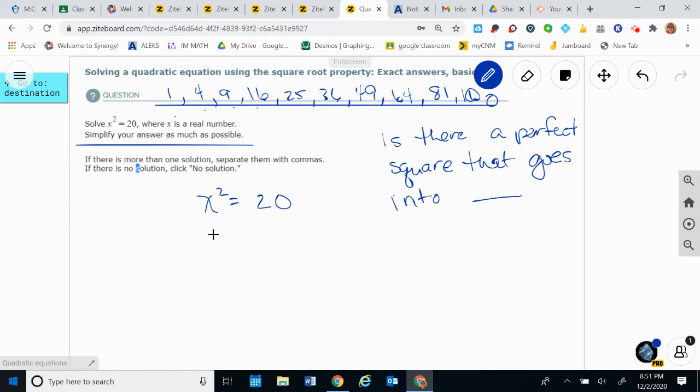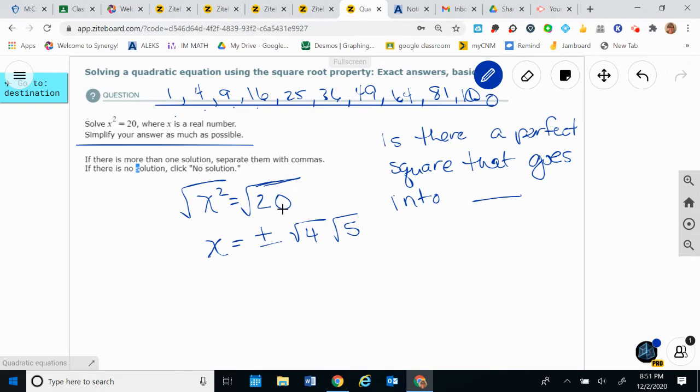Let's take the square root, first of all, and then you get x is equal to plus or minus, because remember, it can be both positive or negative. You're going to break up 20 into 4 times 5. Now look what I did. 20 is equal to 4 times 5, but 20 is underneath the radical.